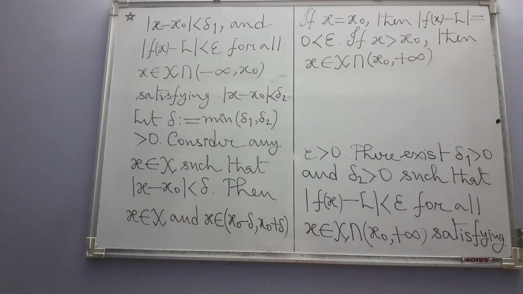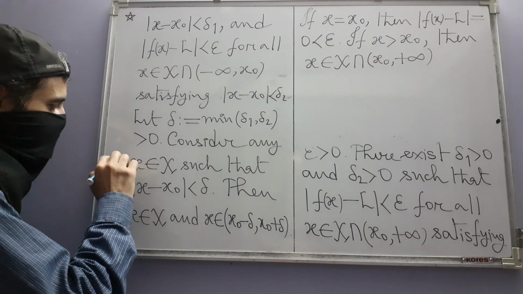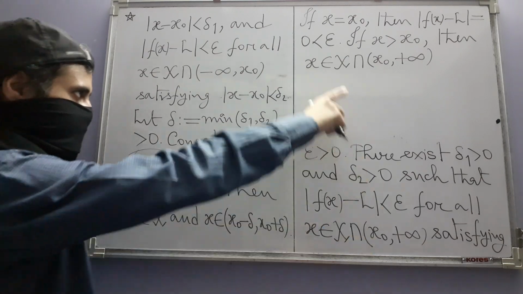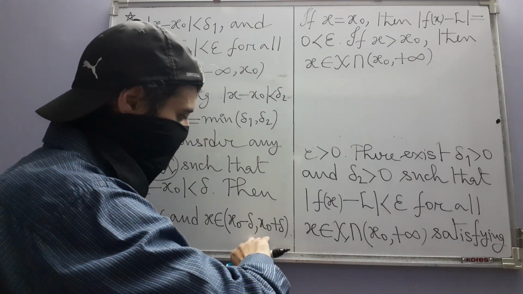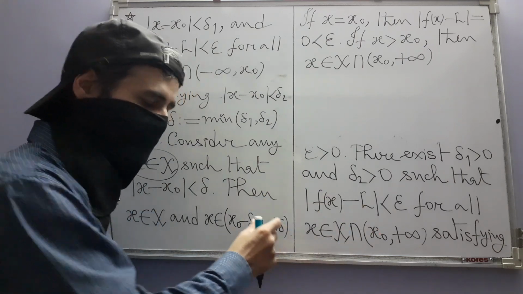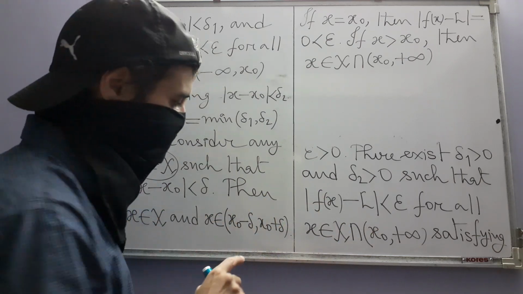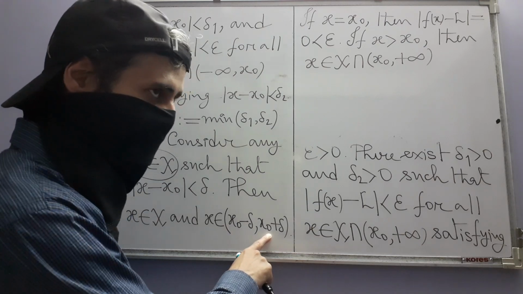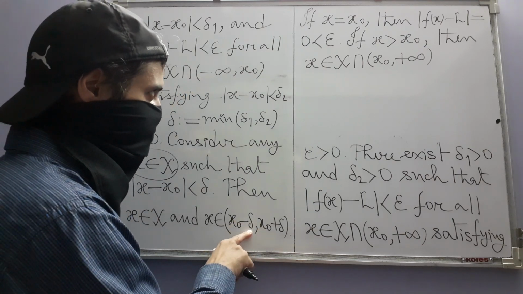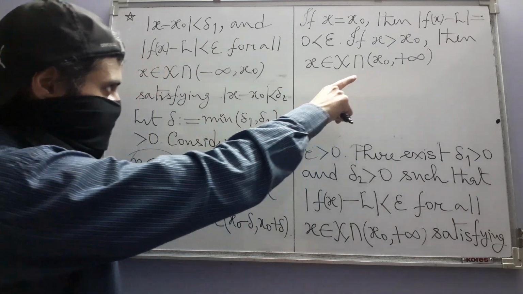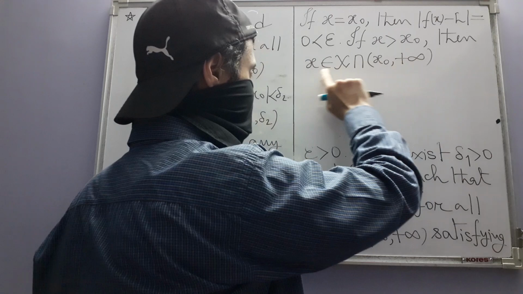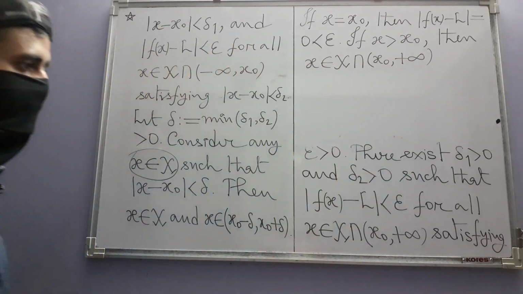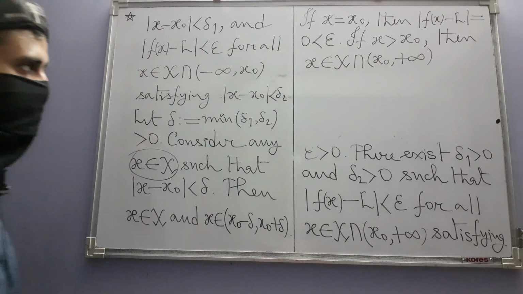Do you see why? x is already coming from x, so of course x is in x, but being greater than x naught, of course less than x naught plus delta as well, but we need not consider that part. We just consider the fact that x is greater than x naught, and as a result x belongs to this open interval as well. So that's why it belongs to their intersection.